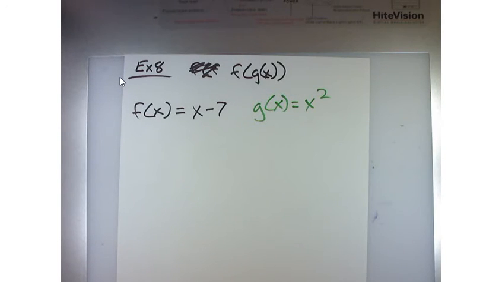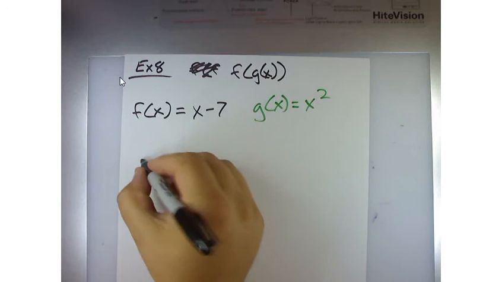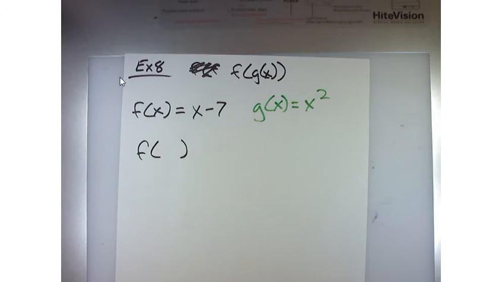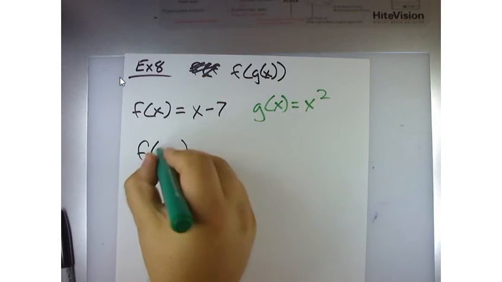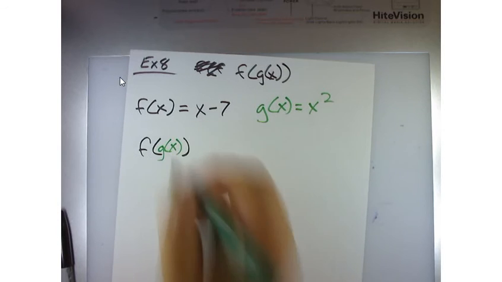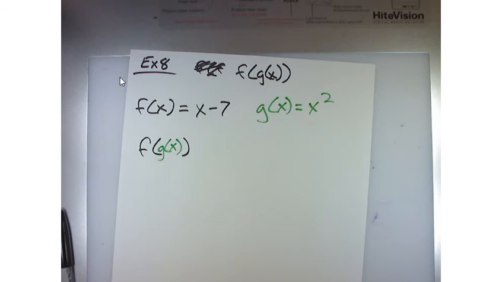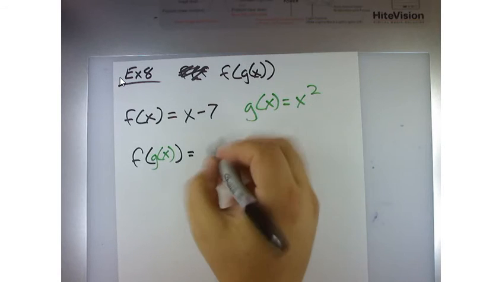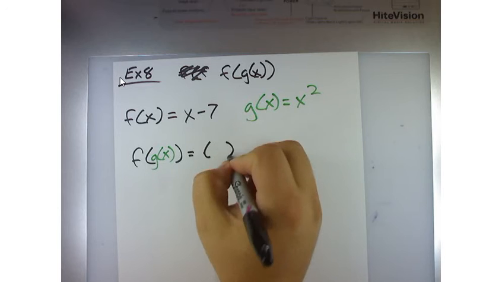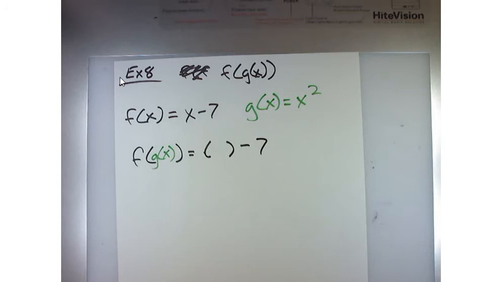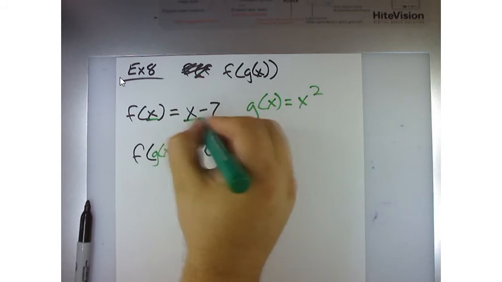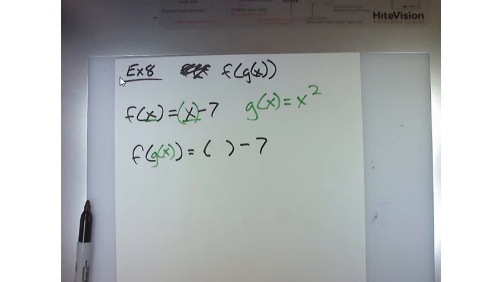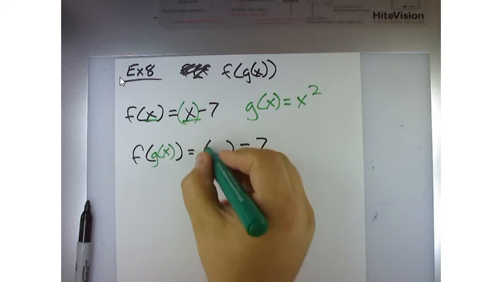Okay, now watch what I'm about to do. I'm going to say, can you tell me f of g of x? Sure. Well, what is f of something? Well, we said that f of something was really that something minus 7. Because here I have an x in parentheses and here I have an x, so I could put that in parentheses, right? So f of g of x would be g of x minus 7.